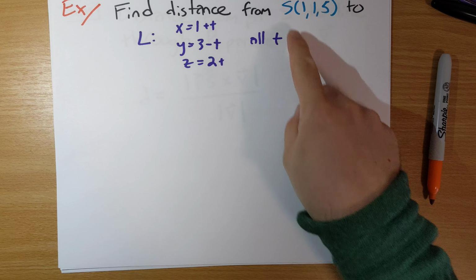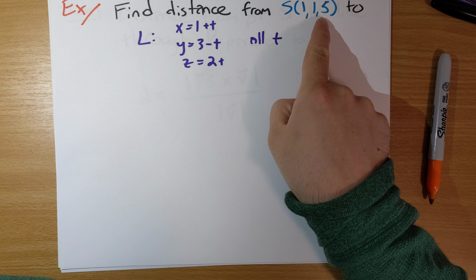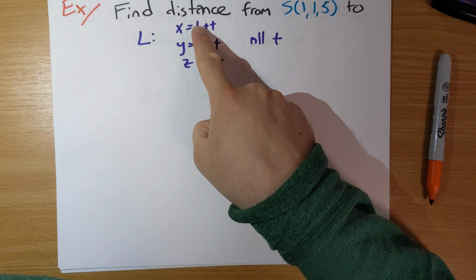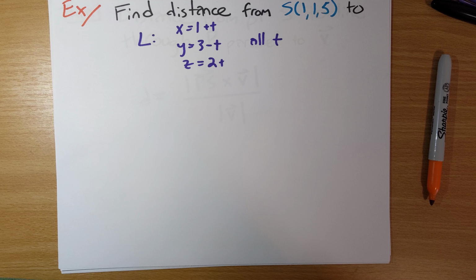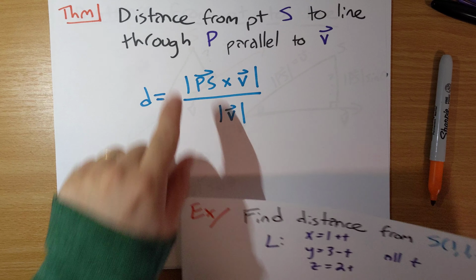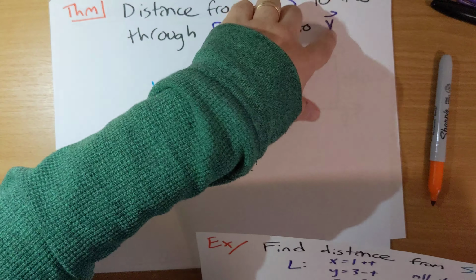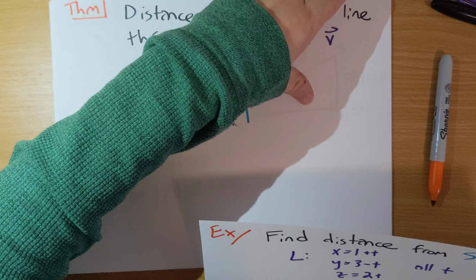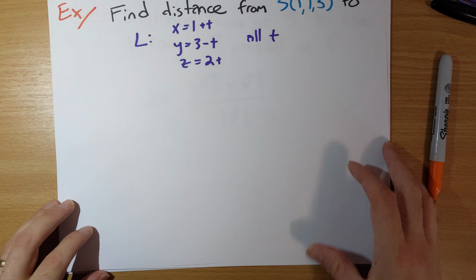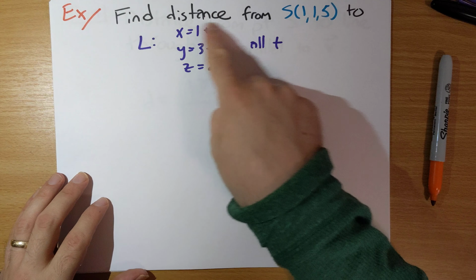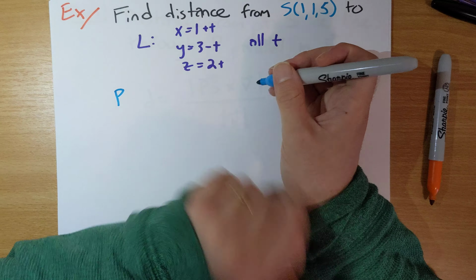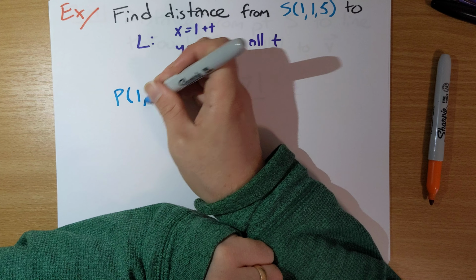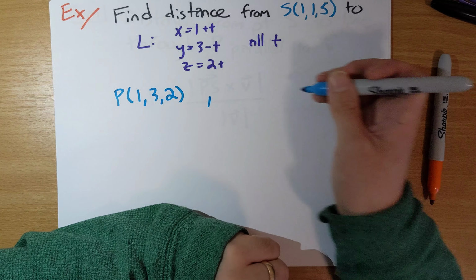So let's find the distance from point S, (1, 1, 5), to line L, given by these equations here. We realize we need a point P on the line and a direction vector V for the line. We should be able to read that off from these equations without too much difficulty. P will just be the constants here, 1, 3, 0.